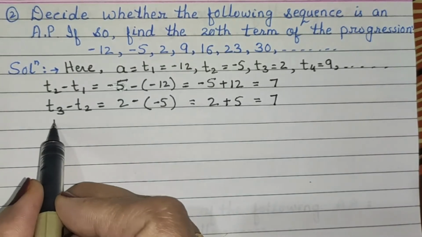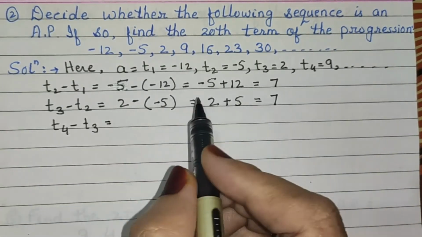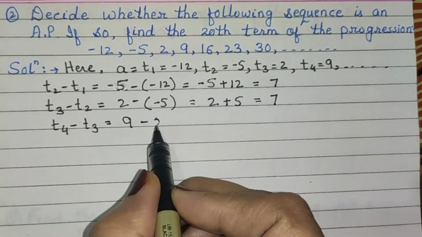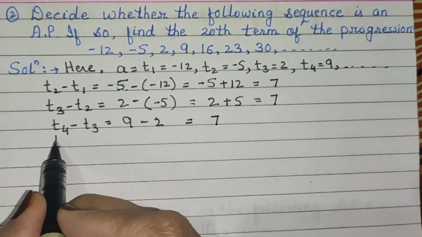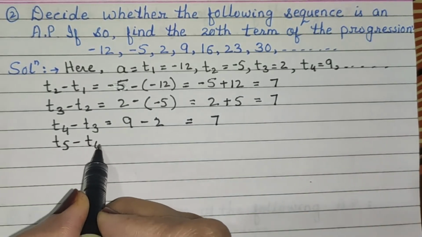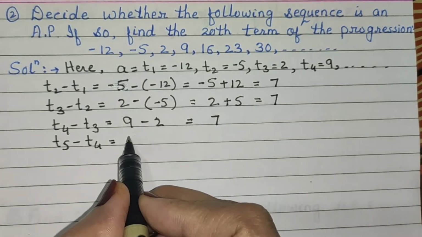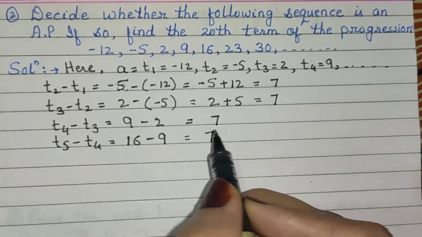Now the next difference is t4 minus t3. t4 is 9 minus t3 is 2. We get here 7. Now the next, t5 minus t4. Now t5 is 16 minus t4 is 9, which is equal to 7.